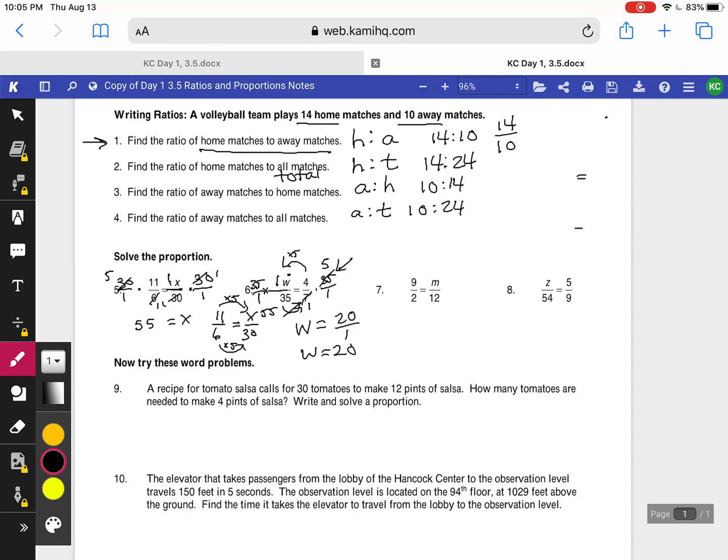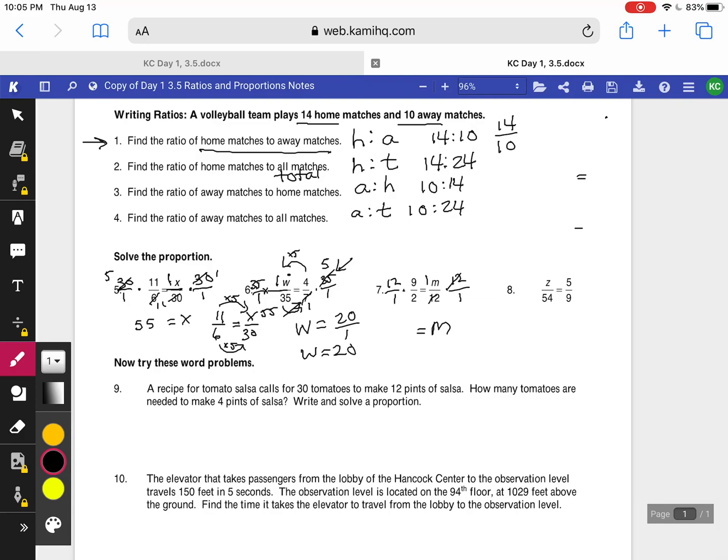Number 7, in order to isolate for M, I'm going to multiply both sides by 12 over 1. 12s can be factored out. M is now equal to.